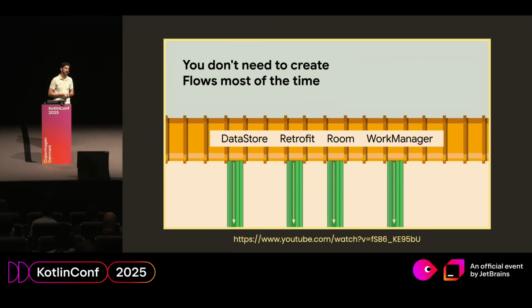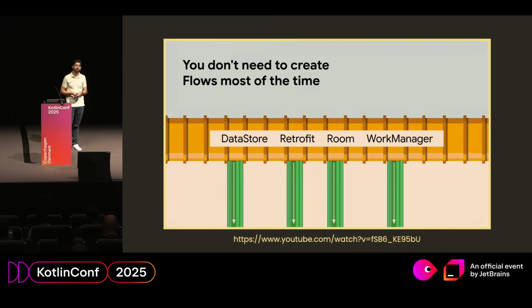And also, we were mentioning that sometimes you don't even need to care about creating flows, because those flows are provided to you out of the box by some of the common libraries that we use pretty much every day, right? Data sources like Retrofit, Room, Work Manager, they already provide flows that you can use in your project.